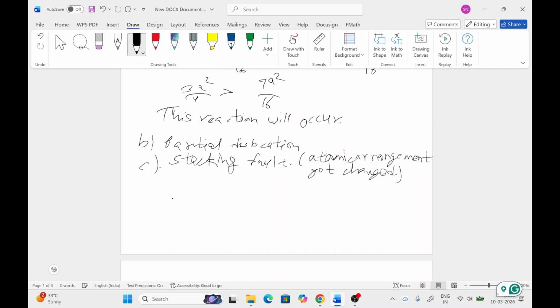If we have this b1 dislocation that dissociates into three parts, b2, b3, and b4, the partial dislocations will generate an area in which the atomic arrangement will be different from b1. This area is called the stacking fault.